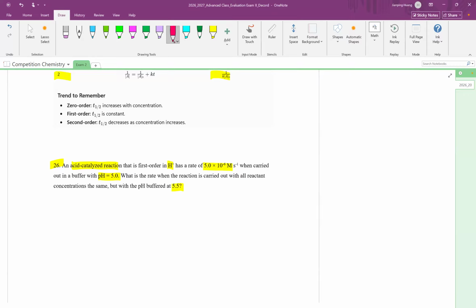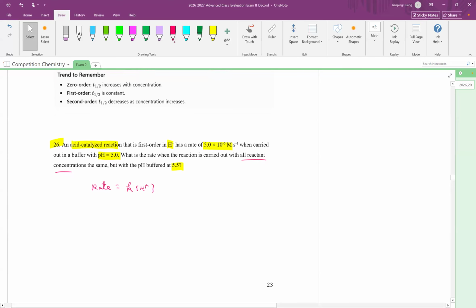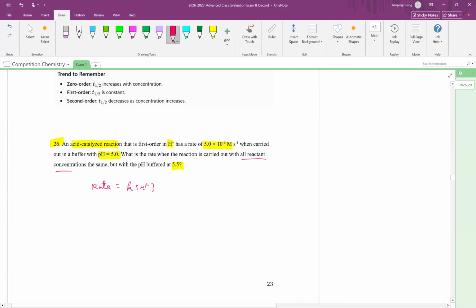Because it is first order, and the rest of the reaction is the same, okay? So first order, can I say K equals H plus? Right? Okay. So what I'm going to do is, when pH equals 5.0, now we can calculate the concentration, okay?